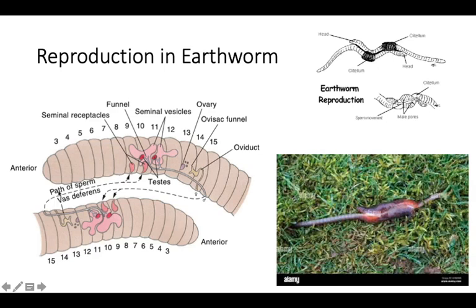Now the path of sperm travel from the testes, which are labeled here in reddish pinkish color: these testes secrete sperm, and these sperm are received by the seminal receptacle, while the counter earthworm, when acting as a male, secretes its sperm from this region, and they travel again to the seminal receptacle in this region. This is how reproduction in earthworms happens.